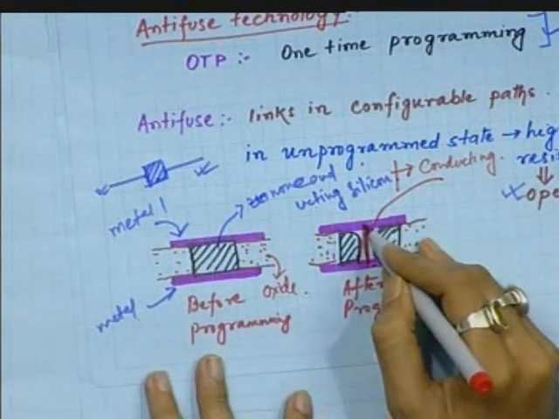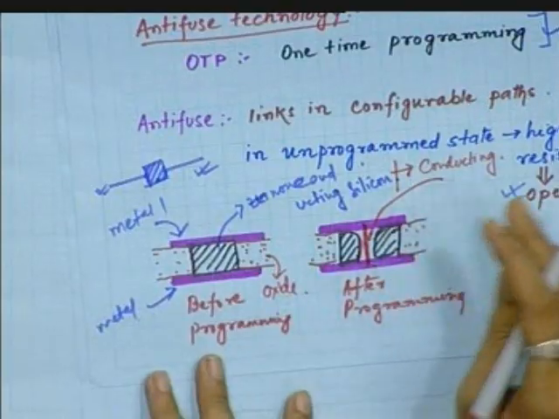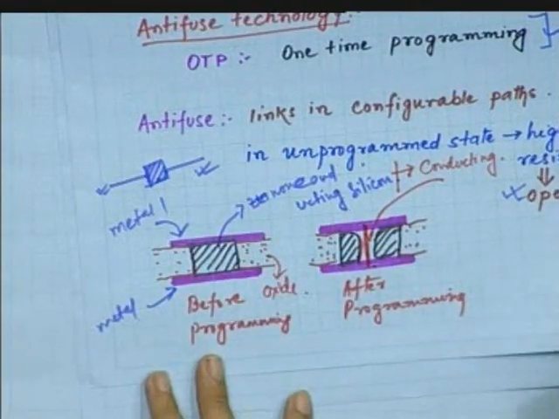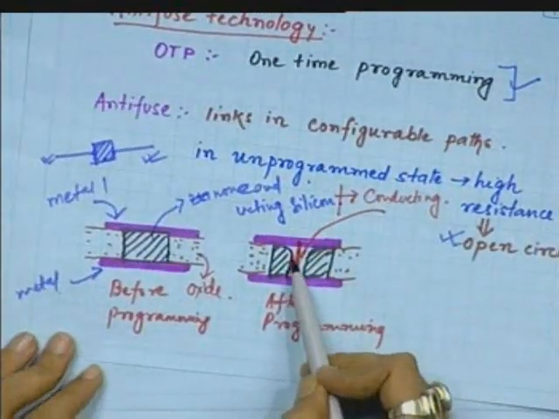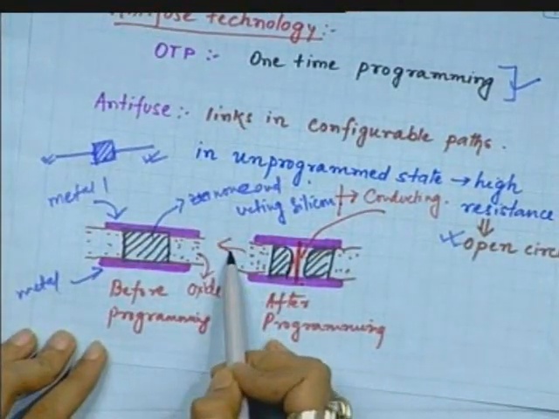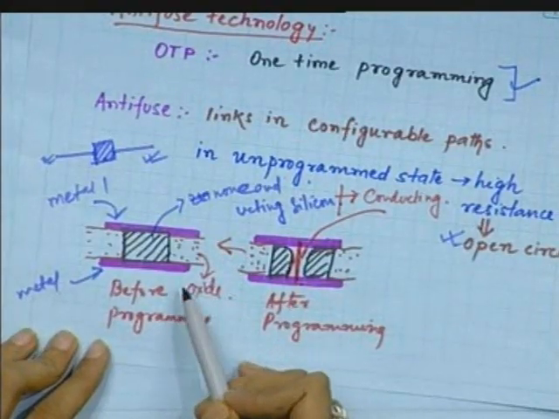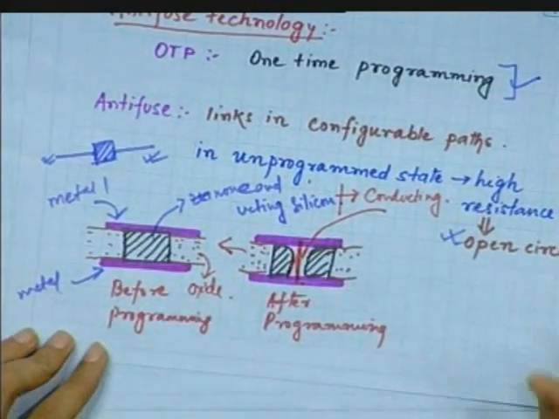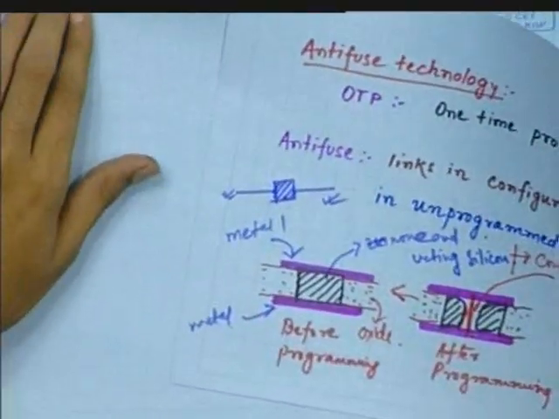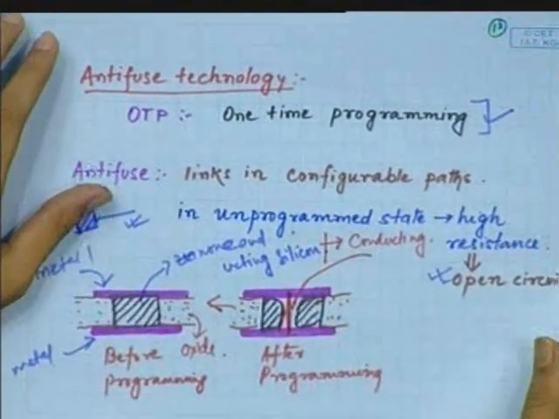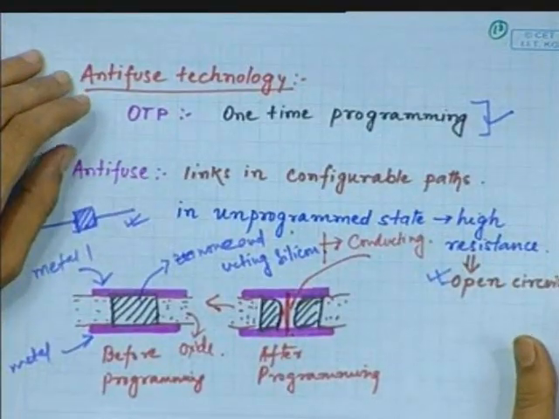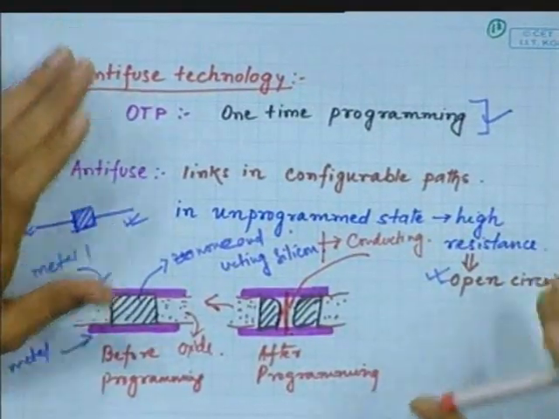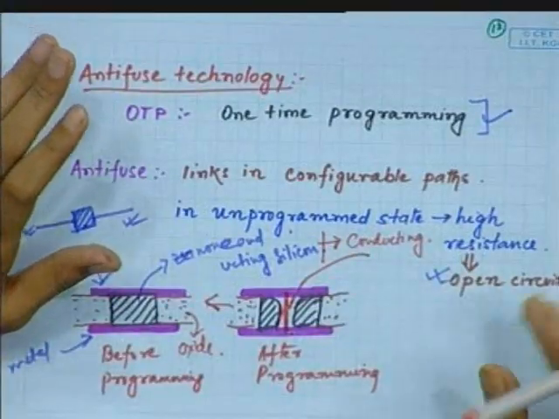The conducting properties of the silicon actually change. This is something at the device level, we will not talk much about this. Once this is done, you cannot return to this state, so it cannot be reprogrammed. Now about FPGAs, we talked that FPGAs are generally programmable. In antifuse technology, it is not reprogrammable, meaning once you have programmed it, you cannot reprogram it. Why is it so?